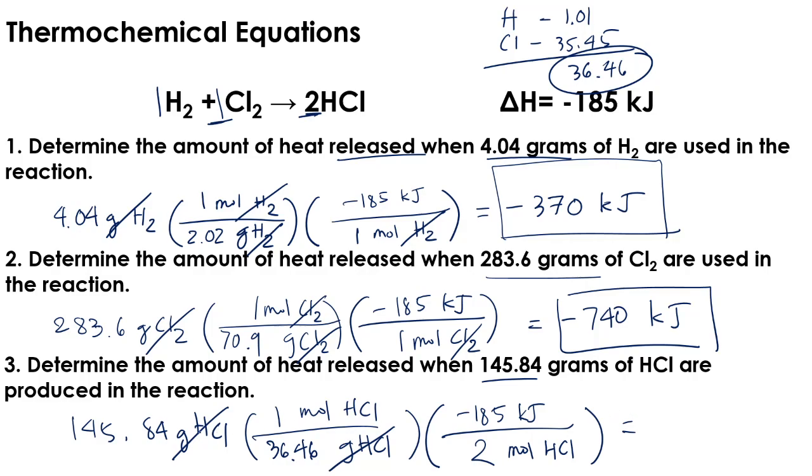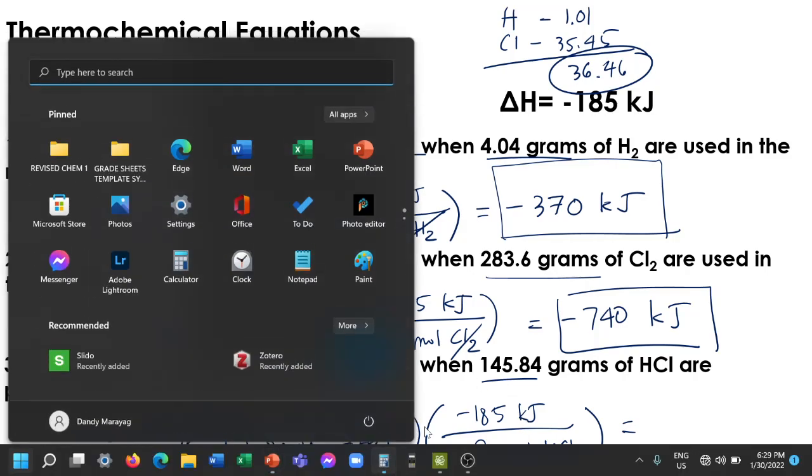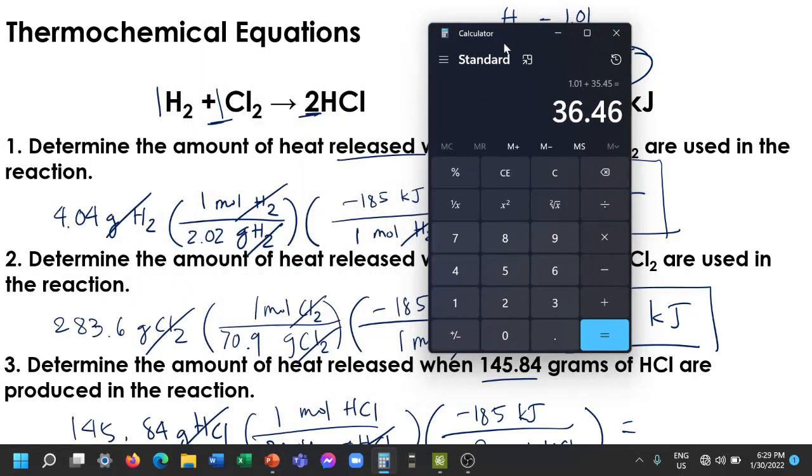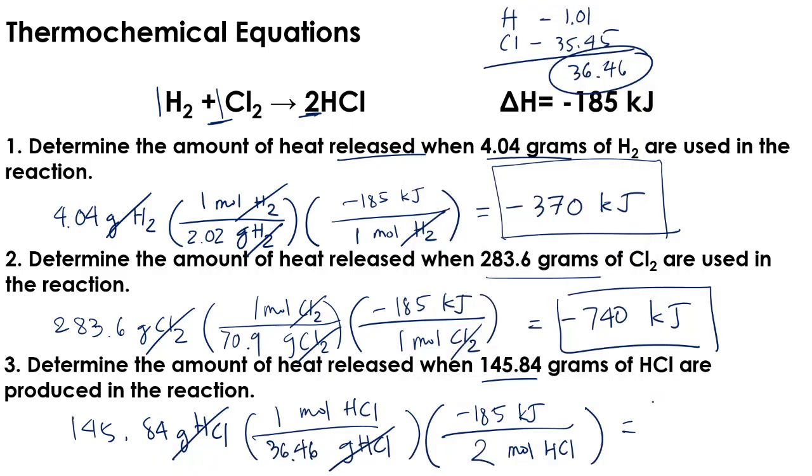Let's first multiply the numerator here. So that's 145.84 times 185. Okay, that's 26,980.4.